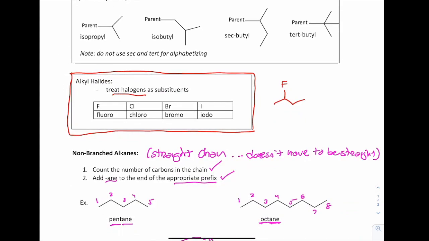So if I have a fluorine attached to it, the name of that group, when I put the name together, is going to be fluoro. If I have chlorine, chloro, bromine's bromo, and then iodide is iodo. Iodide things always sound weird. So if we had to alphabetize our branches and I had a fluorine, I would alphabetize it based on the F and so on.